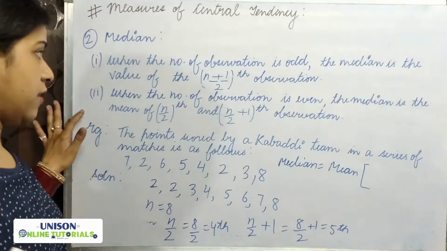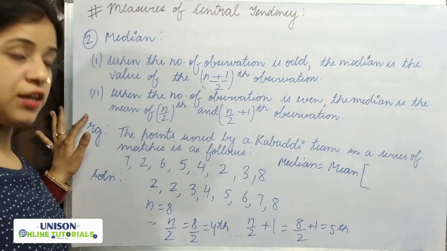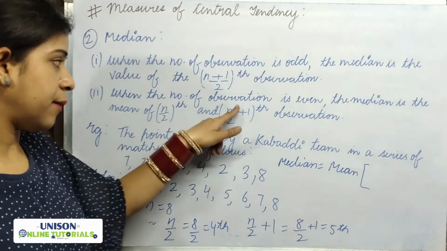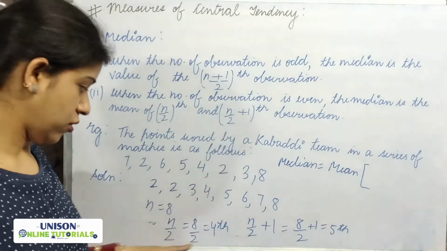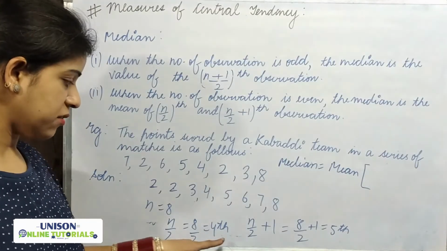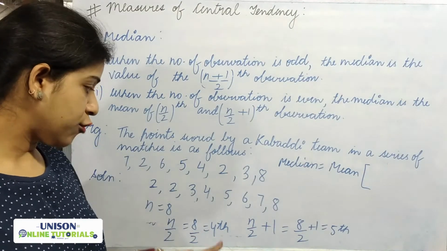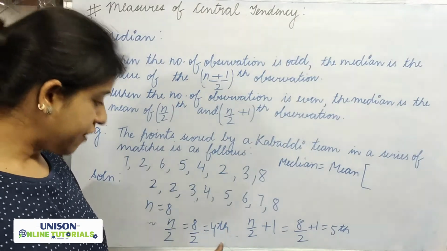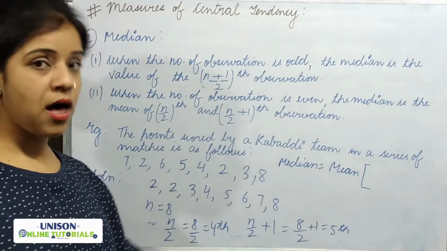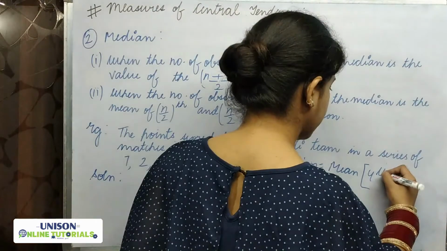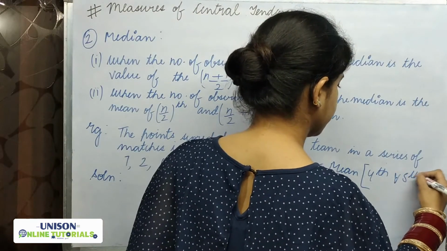So when the number of observations is even, we have to find the mean of the n by 2 and n by 2 plus 1 observations. So in this case n by 2 is the 4th term, and n by 2 plus 1 is the 5th term. So we have to find the mean of the 4th and 5th terms and it will become the median.